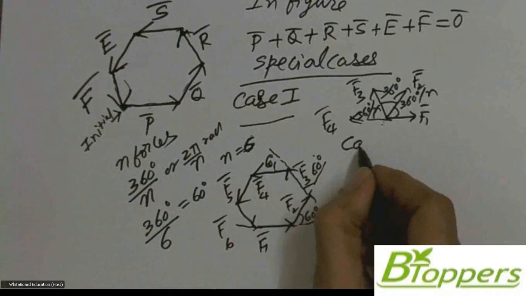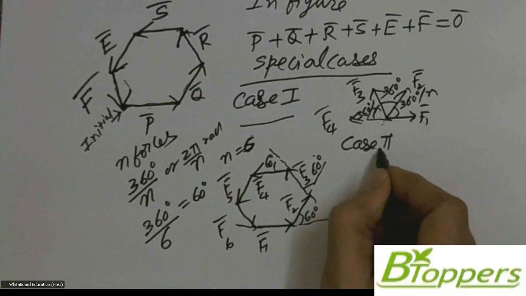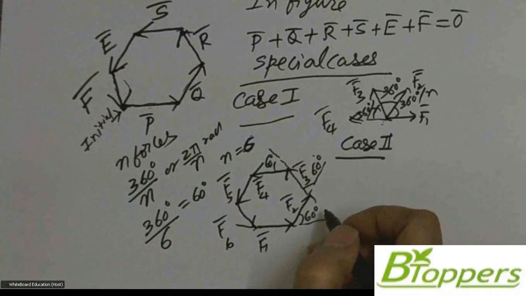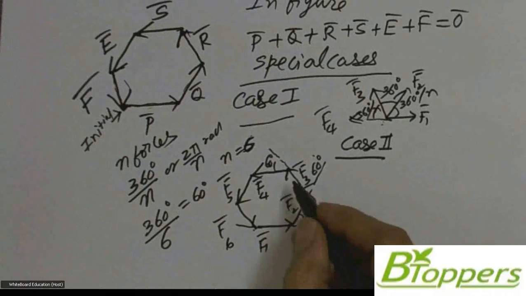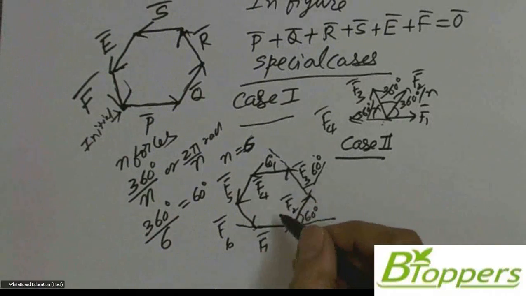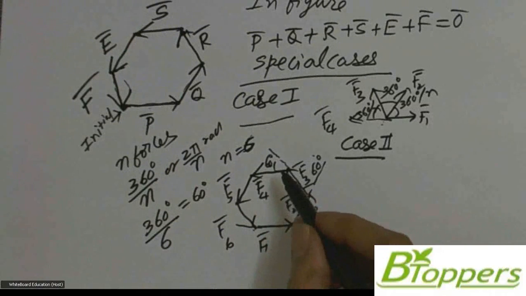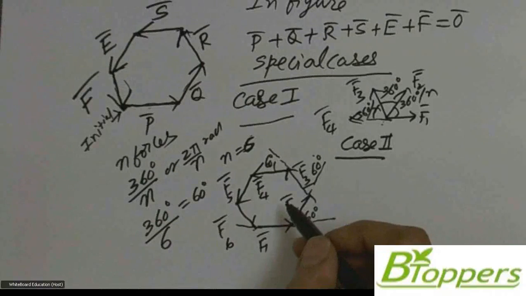But sometimes you come across a similar situation but slightly different. In some cases, the number of forces may be 1 less than the number required for zero resultant.